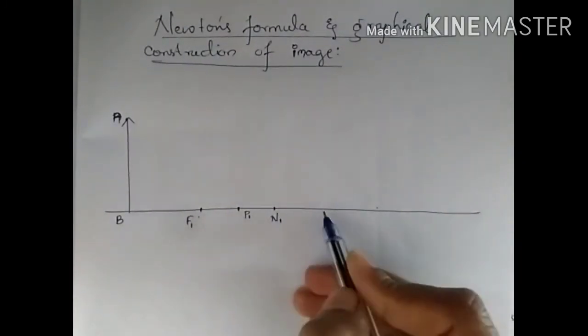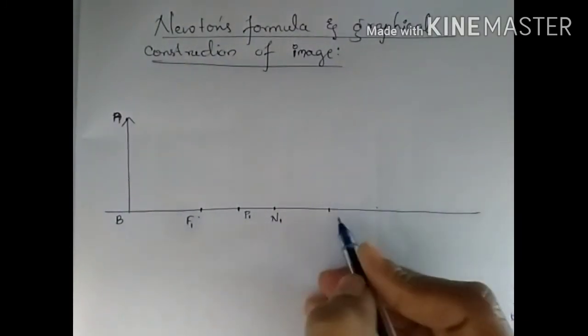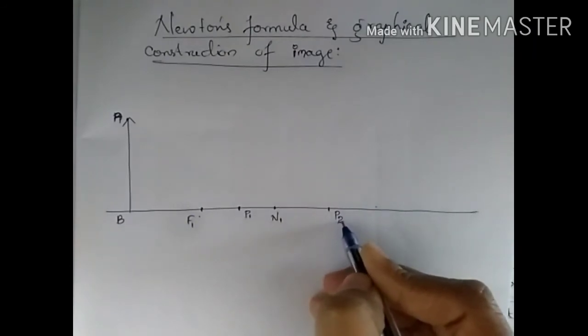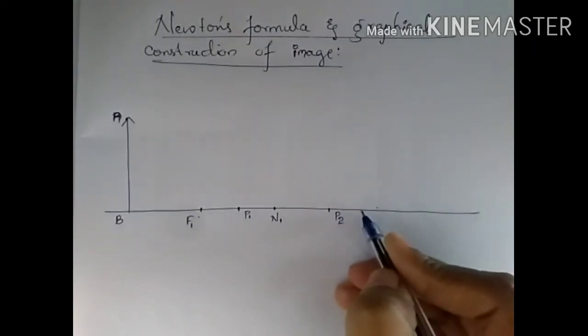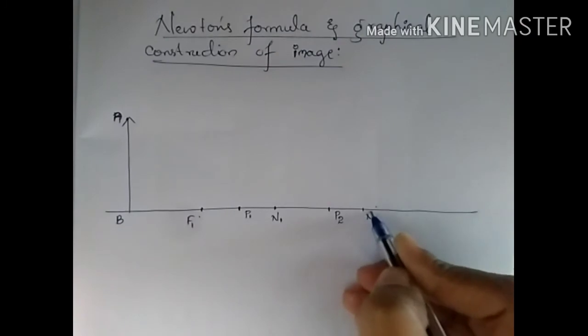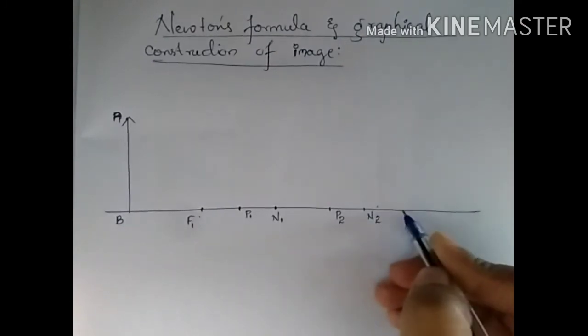So after N1 what we get is P2, principal point 2, and after this we will have nodal point 2 and F2 obviously.